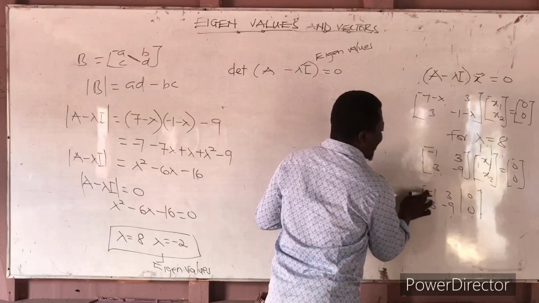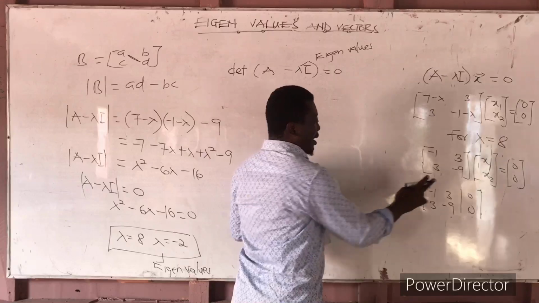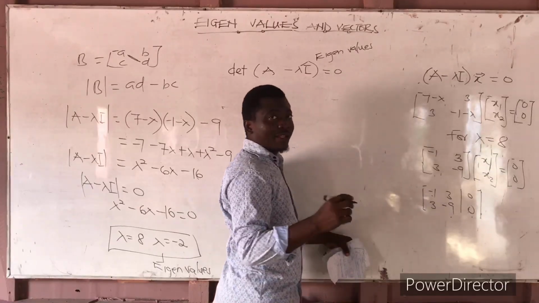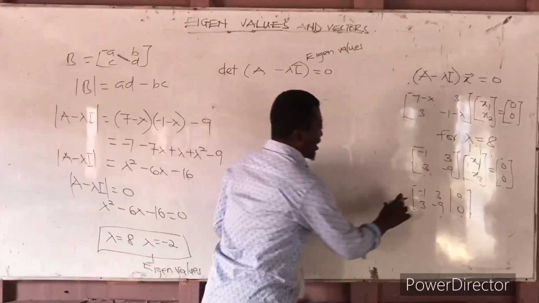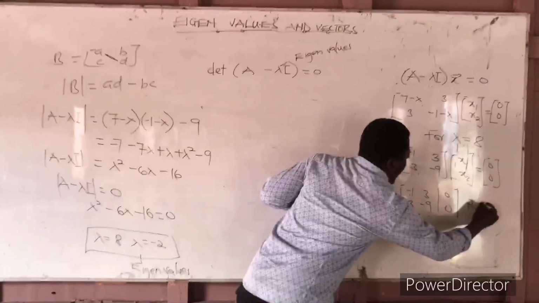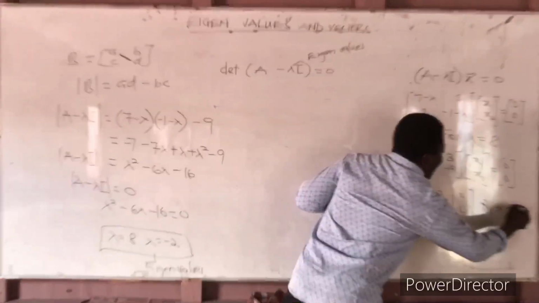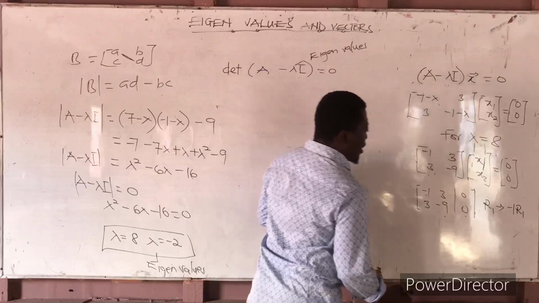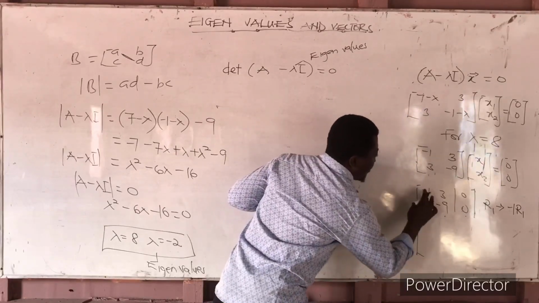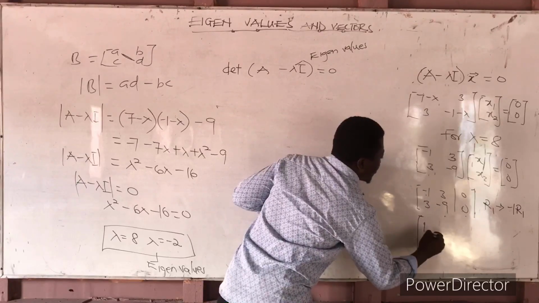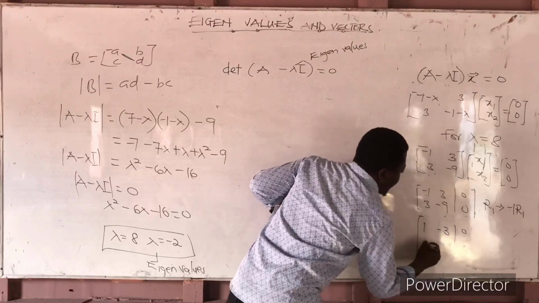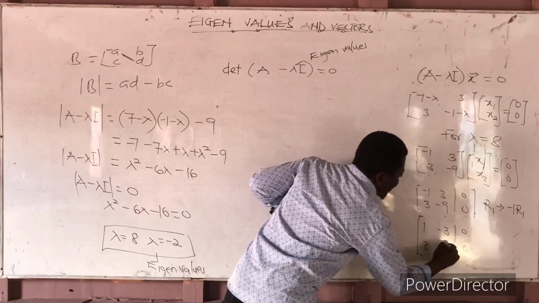You want the leading entry to be 1, and the one below it to be 0. But if this one is not 1, it is not possible. So let's make this one 1. Row 1 will be equal to negative 1 times row 1. So you are going to get 1, negative 3, 0, 0, 3, negative 9.